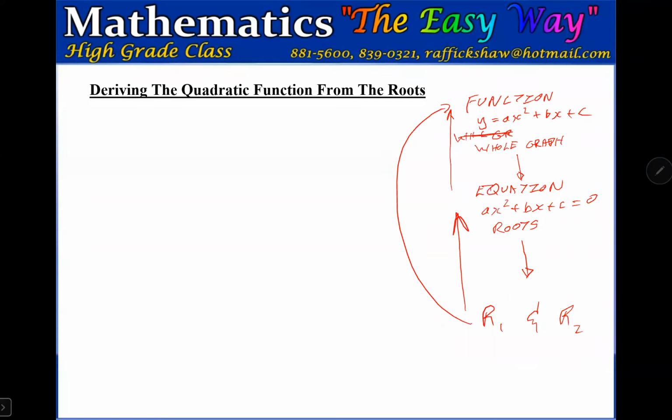So from the roots, we want to first find the equation, and the equation is when it equals 0. That's how I want you to think of working from the roots to the function. Then from the equation, we jump back up and find the entire function.